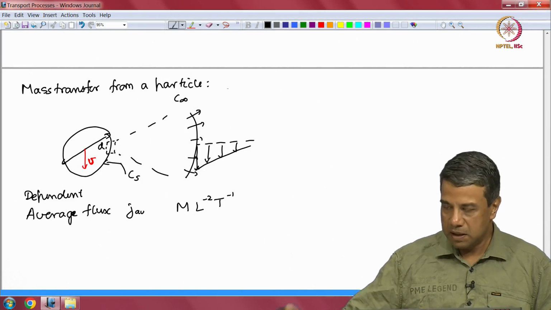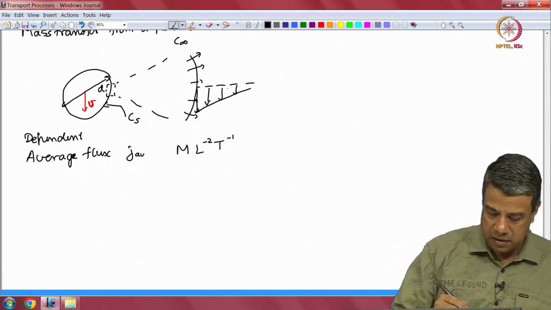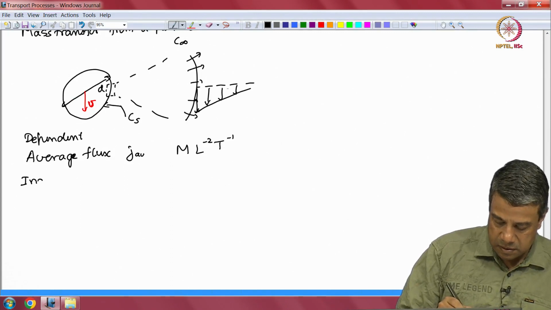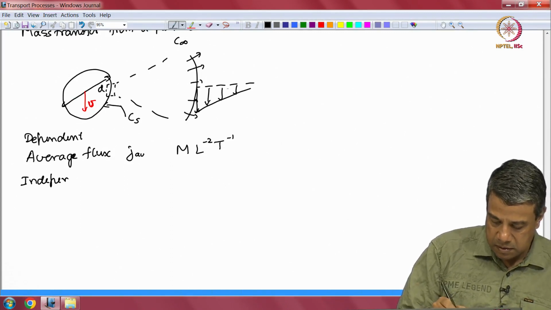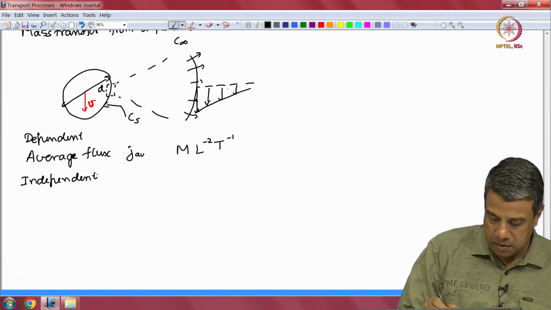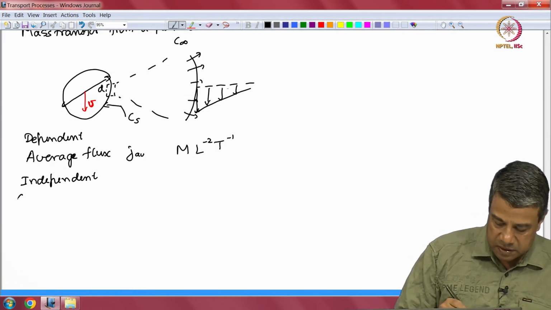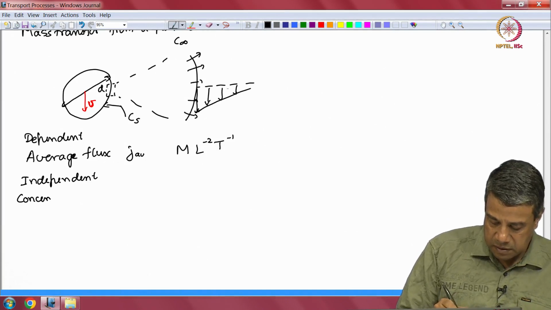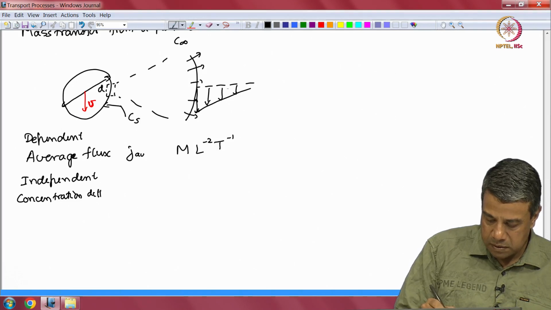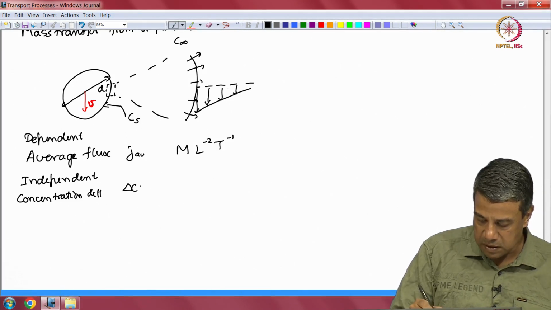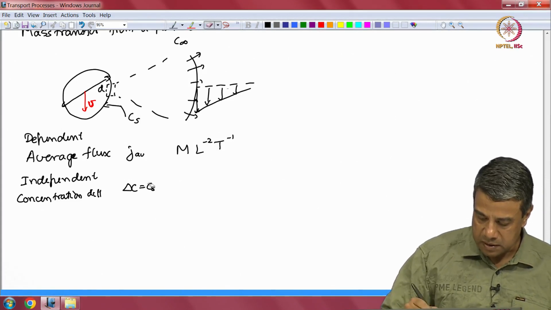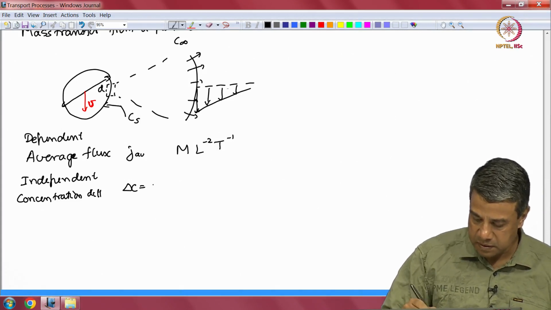What are the independent variables in this case? Obviously, the first one is the concentration difference, delta C, which is equal to the surface concentration minus the concentration far from the surface.